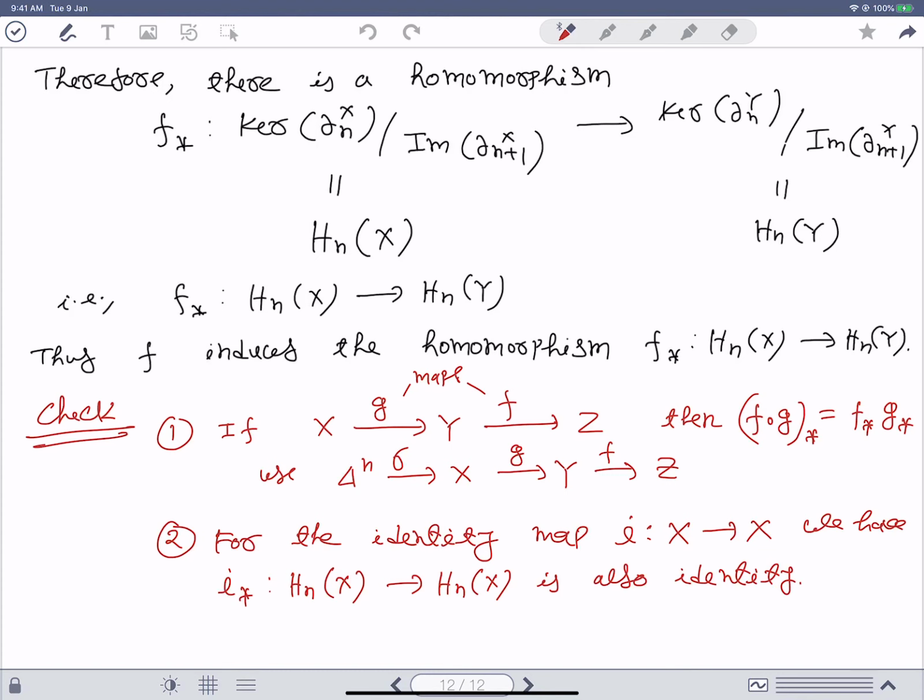This is also very easy to verify, because if you have the identity map then nothing will be changed, so you will get the identity homomorphism from Hn x to Hn x. Okay, so these two are very trivial and follow from the construction, and here we can just use that associative property. So this is very simple, you can just go through the proof and easily verify this one. So I stop here, see you in the next lecture.